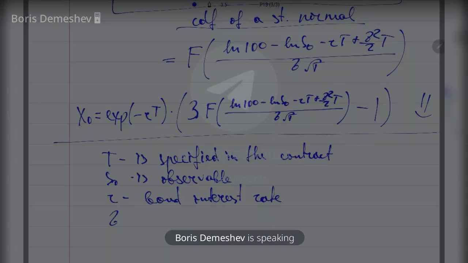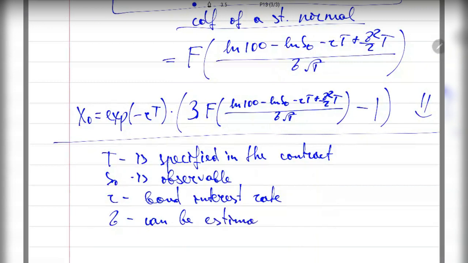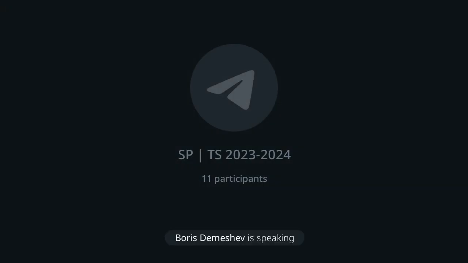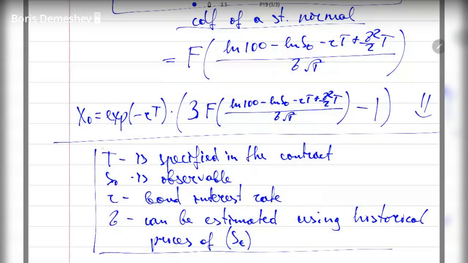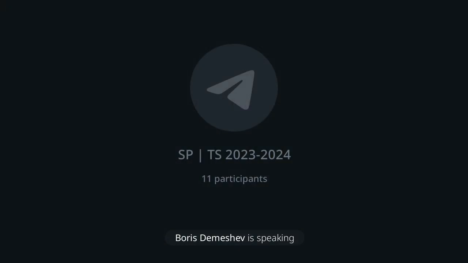Okay, what more do we have here? And sigma can be estimated using historical data, using historical prices of the share. So we have these values, and basically we can calculate X0, and the black magic is in the way we have calculated it.